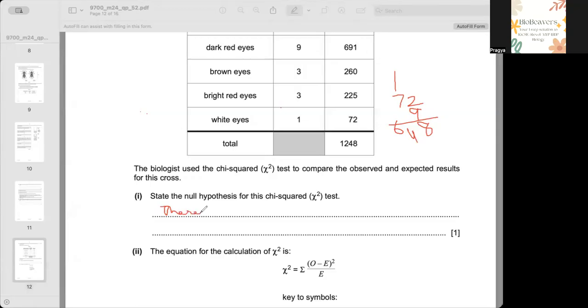There is not much difference between observed and expected results.